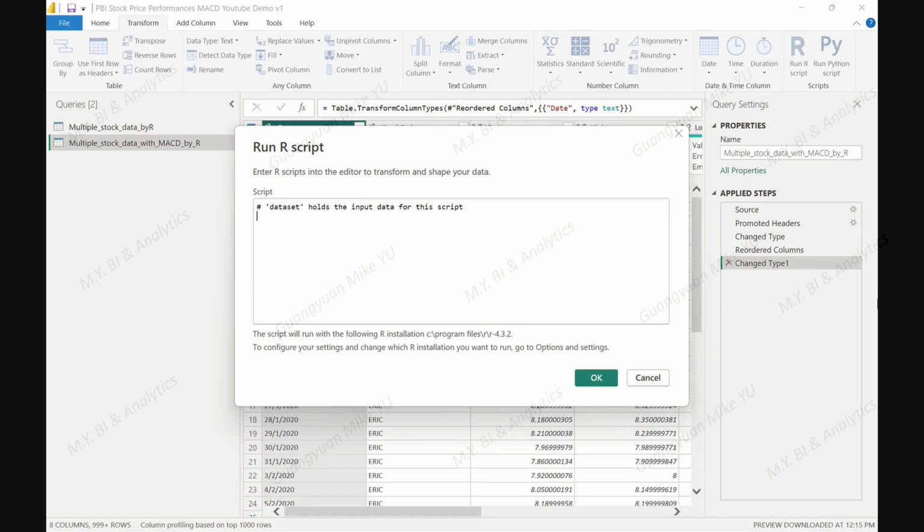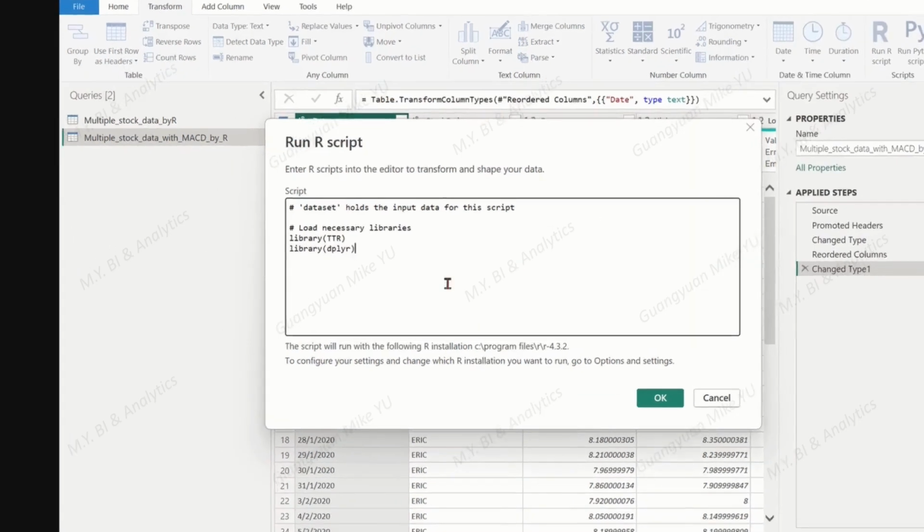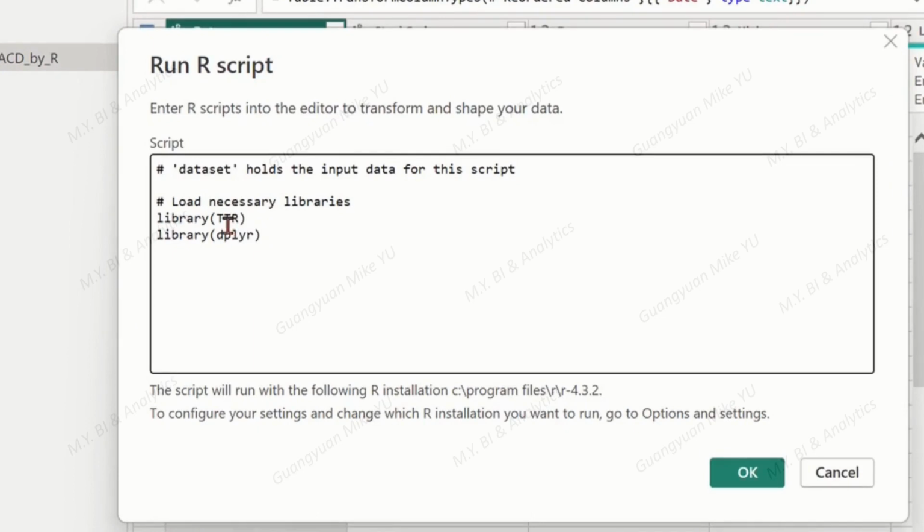For those functions, the R package dplyr is required. Load the two necessary libraries, TTR and dplyr. For the programming, we need two creation sections.